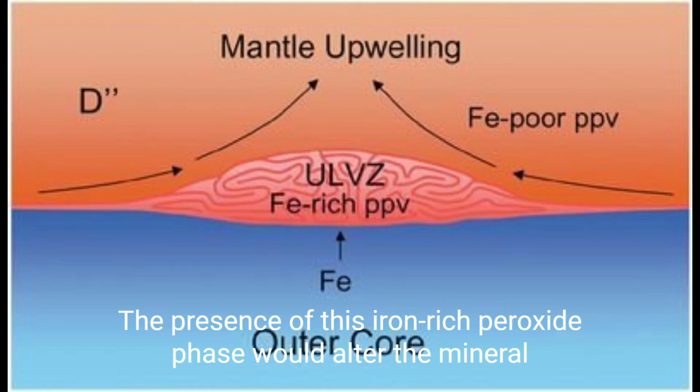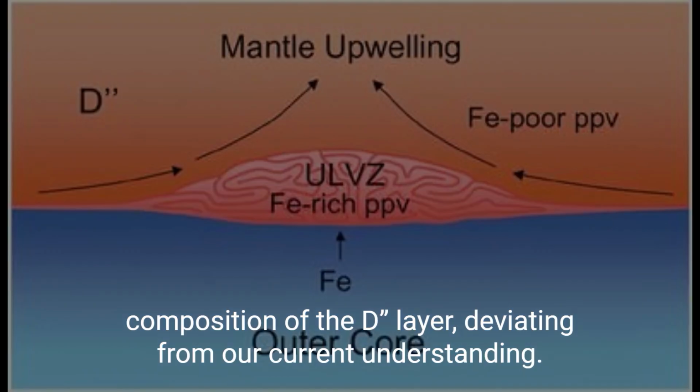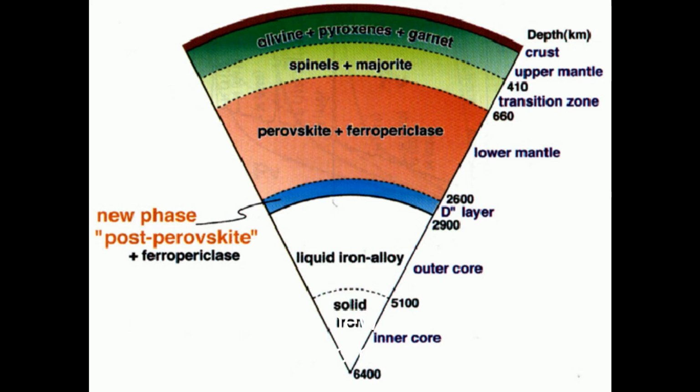The presence of this iron-rich peroxide phase would alter the mineral composition of the D layer, deviating from our current understanding. According to the new model, minerals in D would be dominated by a new assemblage, the iron-poor silicate, iron-rich peroxide, and iron-poor oxide.